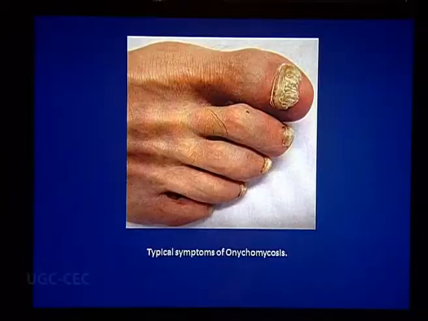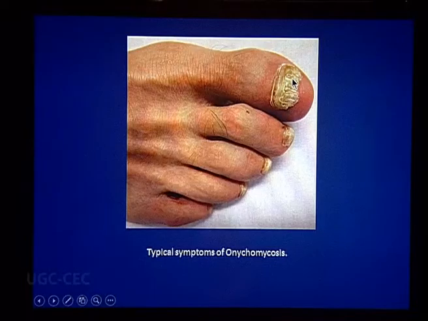Now that brings me to the next important type of disease, which is onychomycosis. Onychomycosis actually is the infection of the nail. The nail gets infected at different points, and ultimately that nail will be uprooted, or it can show total destruction of the calcium in that particular nail.